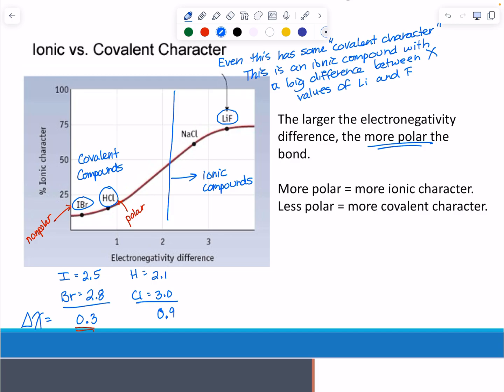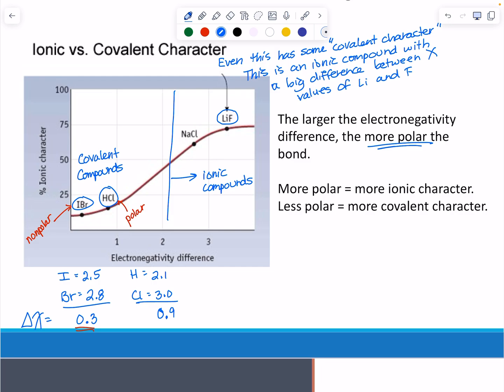So quite often, the kind of cutoff that people use between calling something a polar bond and a nonpolar bond would be anything more than a 0.5 difference.